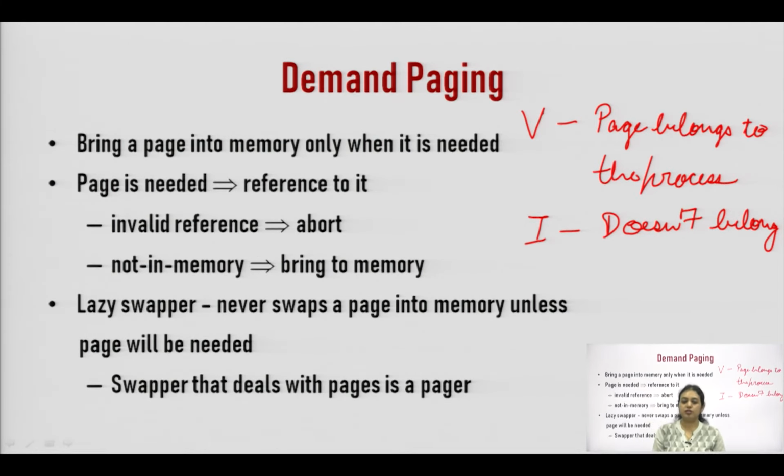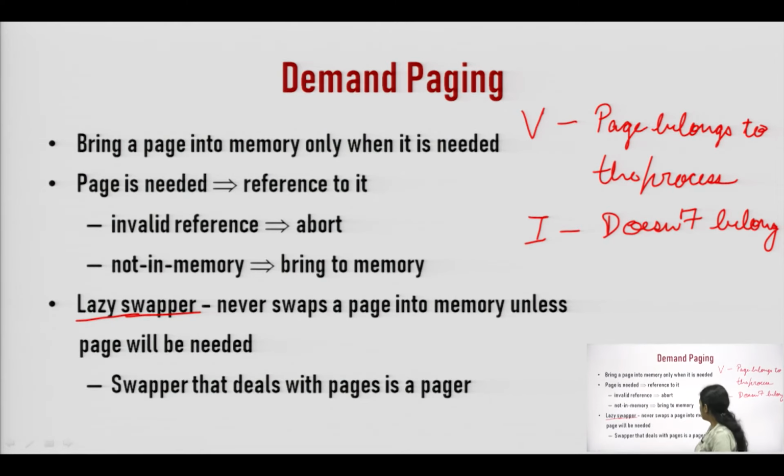Now, we have a module that brings a process into the memory, and that is called a swapper. So, the swapper brings a page in and out of the backing store to the physical memory. A lazy swapper brings the process only when it is required. If it is not asked for, it will not bring the process.